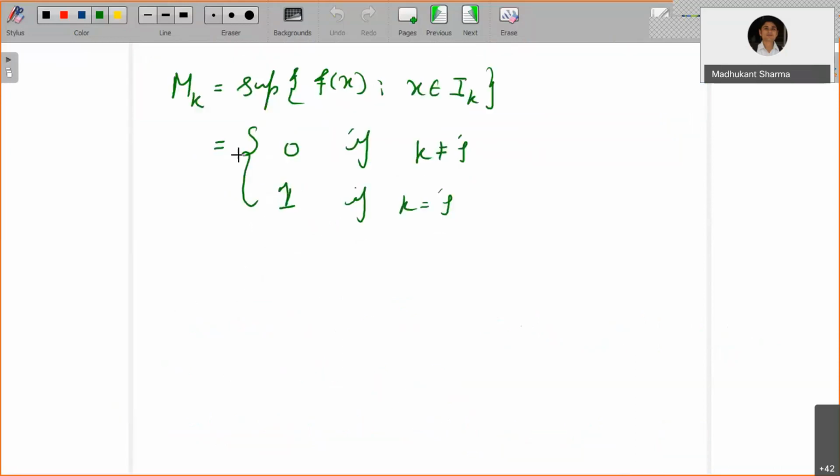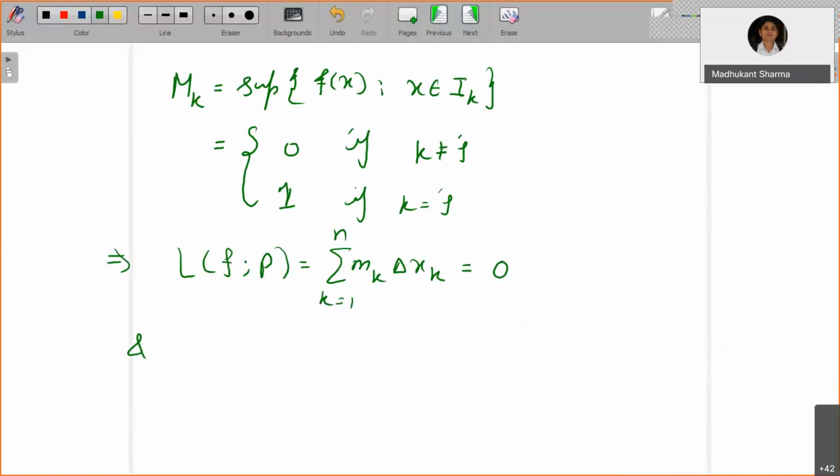By the above definitions, for any partition P, L(f,P) is equal to the summation of mk times delta xk, k equals 1 to n, and we know that mk is 0 for all k, so that is 0.